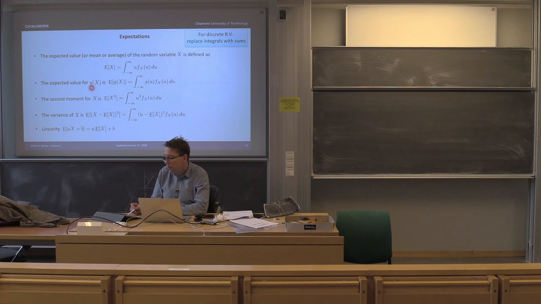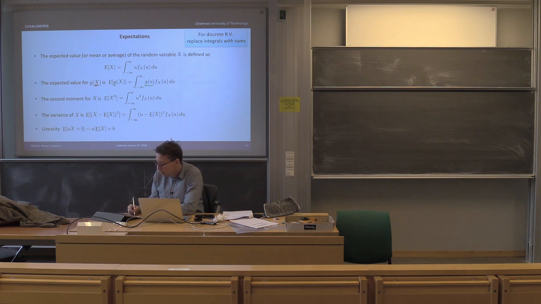The expected value for a function of a random variable. Okay, so if we take a function of a random variable, we get a new random variable. Right. So a function of a random variable is a random variable. And then the expected value of a function of a random variable is simply computed like this. Okay, so the only thing which differs is that the g pops up here.